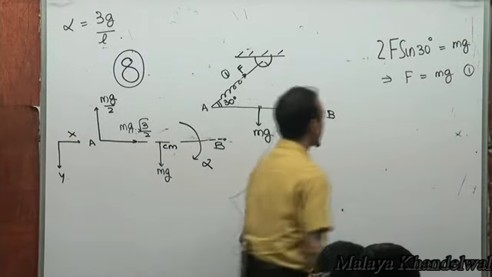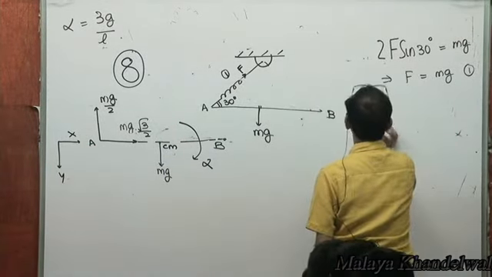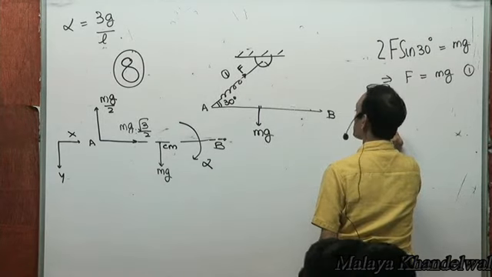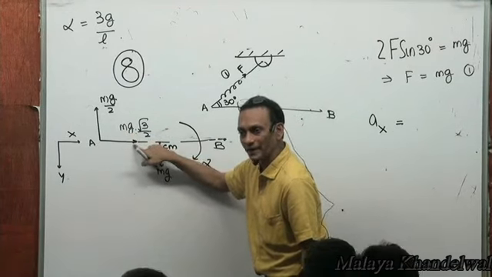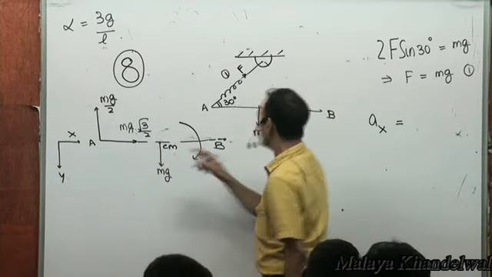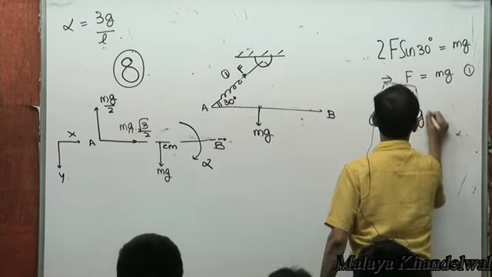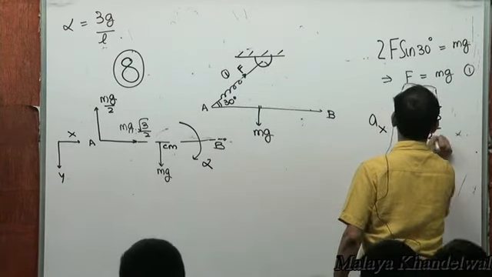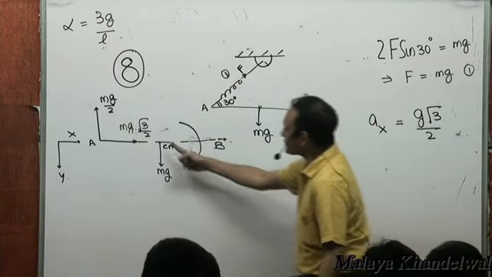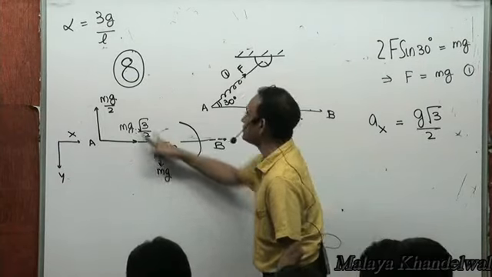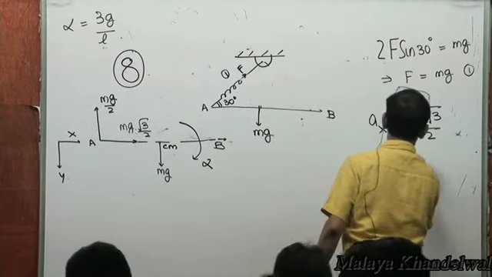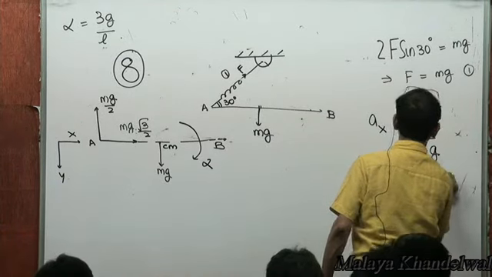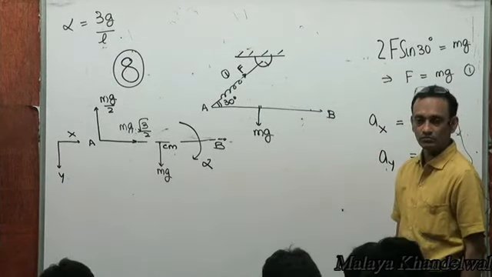All right. What's the acceleration of the center of mass in the x direction? The force in the x direction is mg root 3 by 2 divided by m. So g root 3 by 2 in the x direction. What's the acceleration of the center of mass in the y direction? mg minus mg by 2 divided by m. That makes it g by 2 is the acceleration of the center of mass in the y direction.